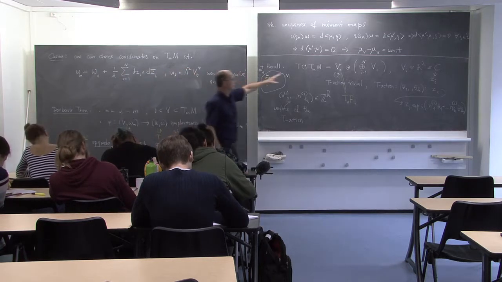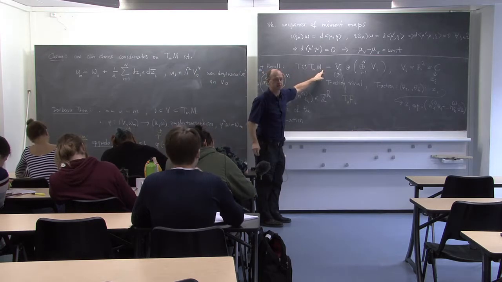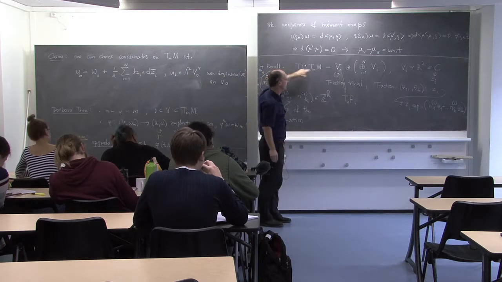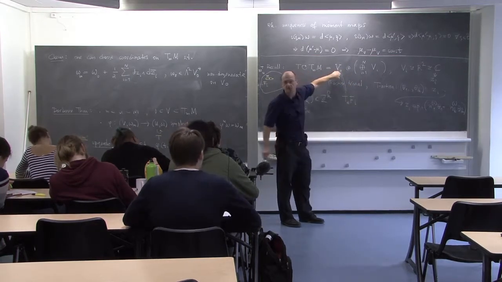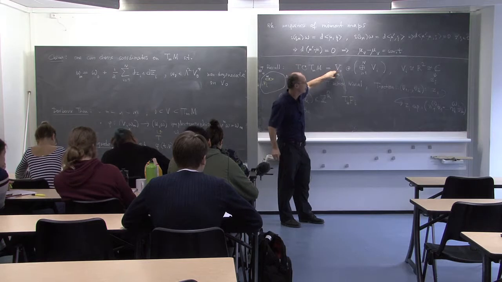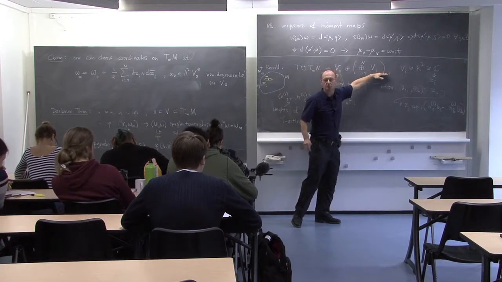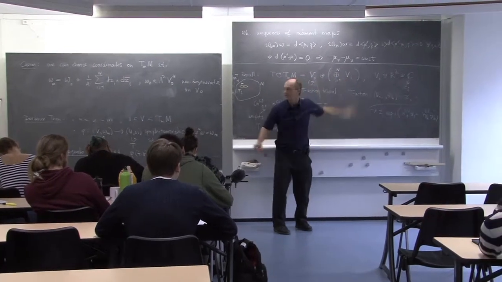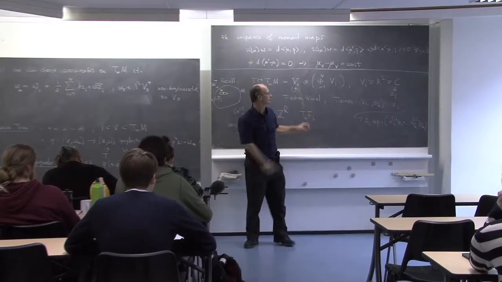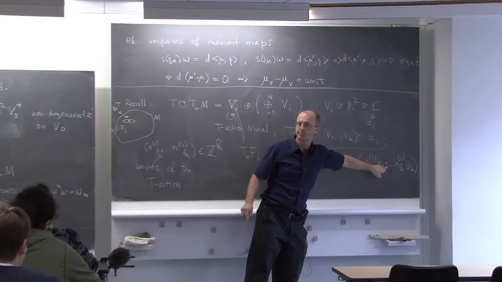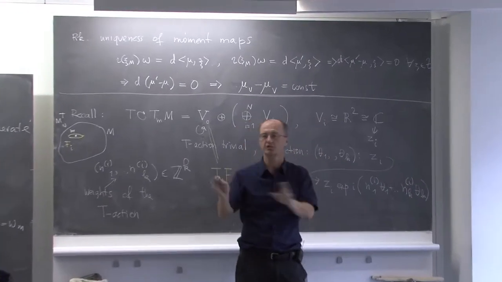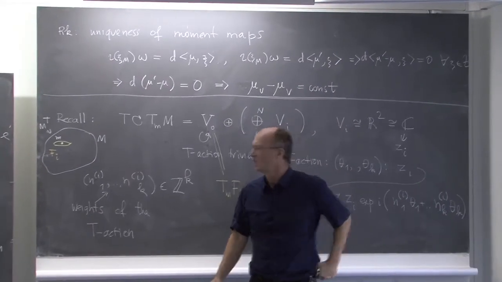So basically, my symplectic vector space TMM together with a T action is a direct sum of the symplectic vector space V0 with a trivial action plus a number of copies of Vi with the standard symplectic structure and the T actions given by these formulas. See, so everything is really completely prescribed.